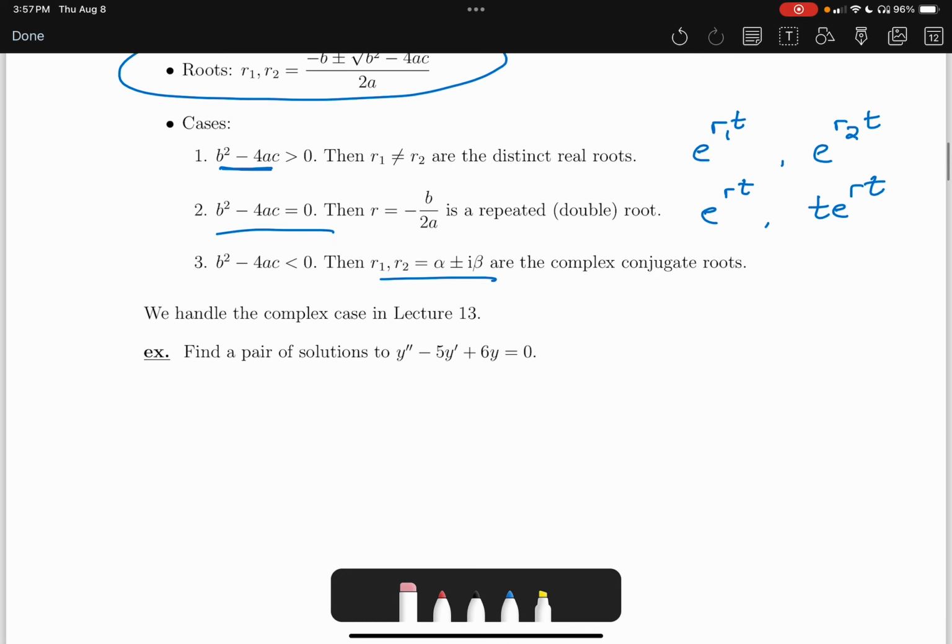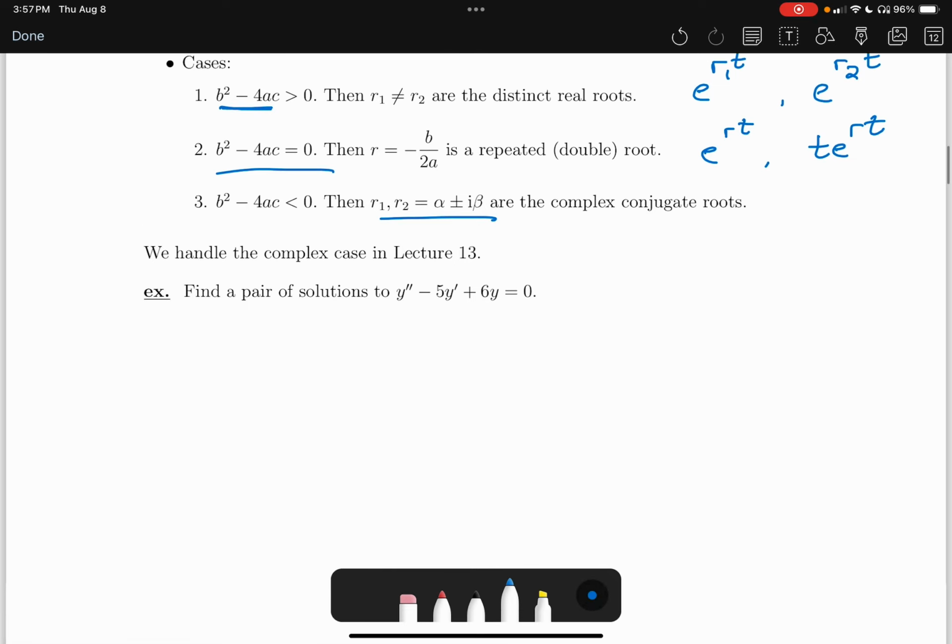So we'll do one practice in this video, and I'll post this PDF. That way there are a few other questions that you can go ahead and practice with. Okay, so we have y double prime minus 5y prime plus 6y equals 0. Again, we're guessing that y looks something like this, e to the rt.